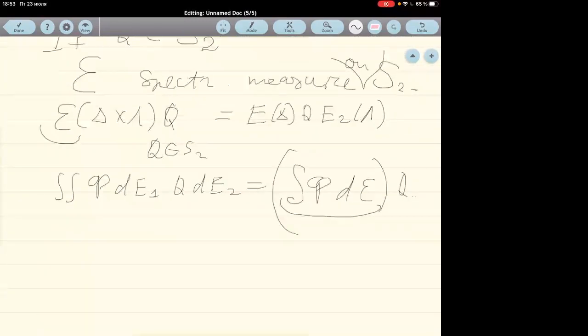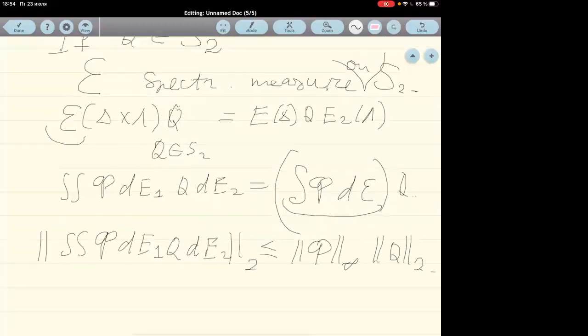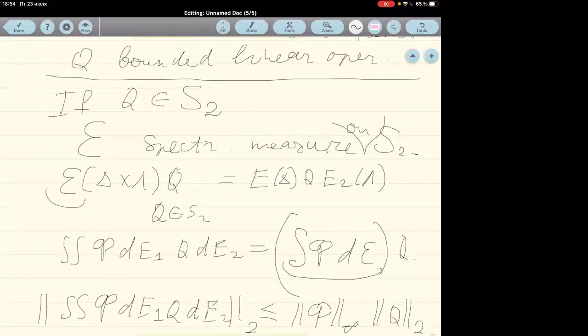And with this definition, it is clear that the Hilbert-Schmidt norm of the double operator integral is less than or equal to the L infinity norm of phi times the Hilbert-Schmidt norm of Q. Okay, but this is only in the case when Q is a Hilbert-Schmidt operator.